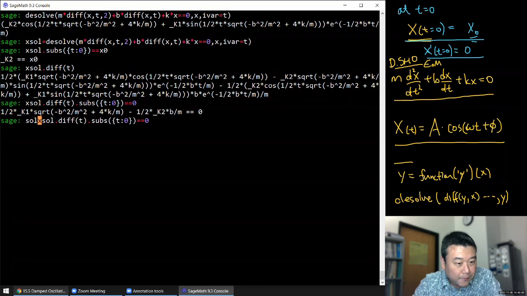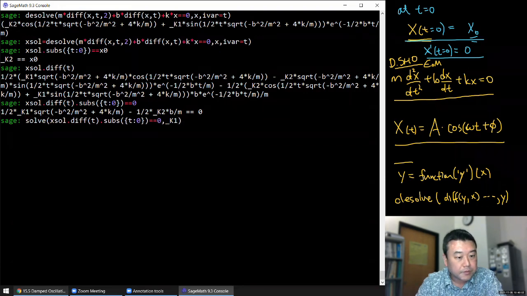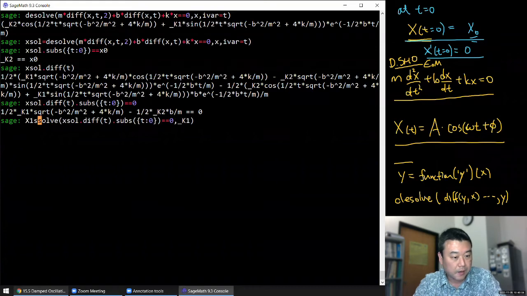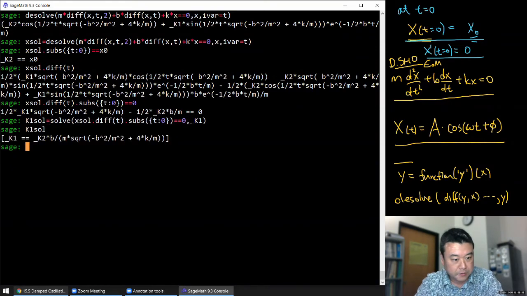Let's solve this for k1, and put this into K1 sol. K1 sol is that. So okay, it's not as simple as it was before.